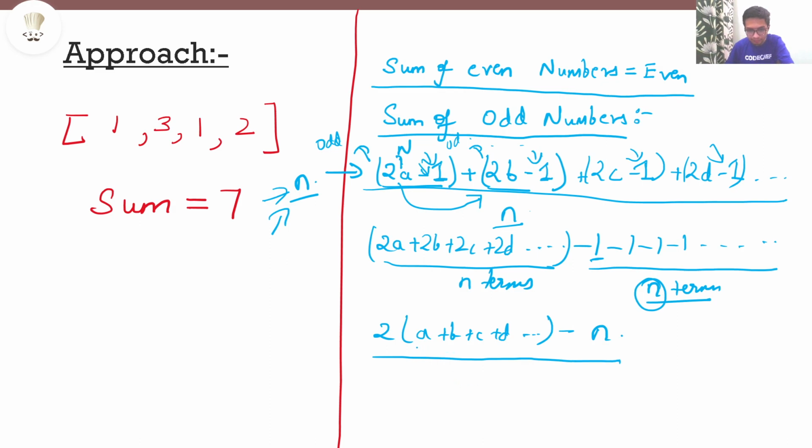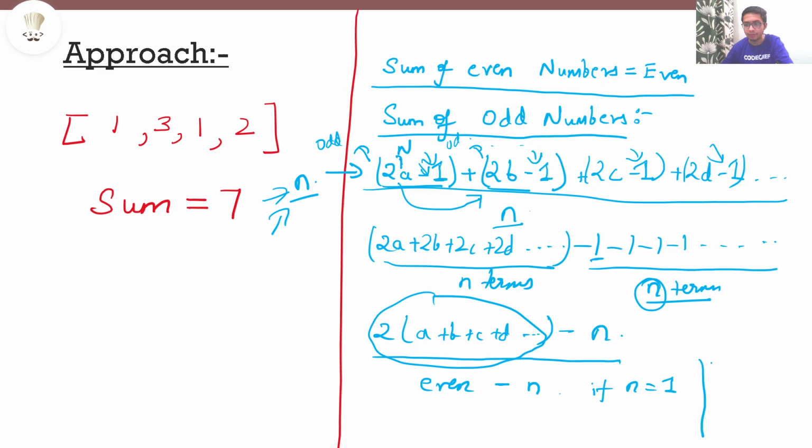So we can see that this thing is always even minus n, right? So if n equals 1, then even minus 1 would be odd. So there we will have an odd sum. If n equals 2, then even minus 2 is even. If n equals 3, then in that case even minus 3, even minus odd, is odd.